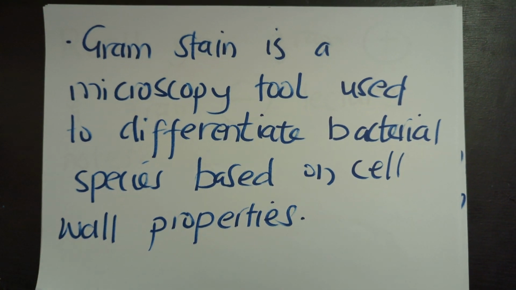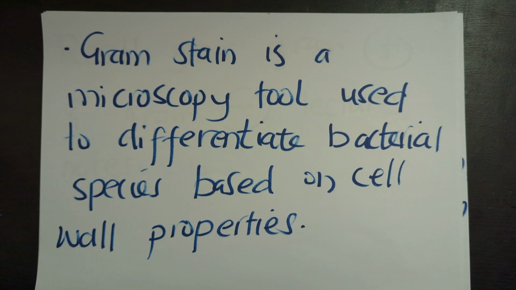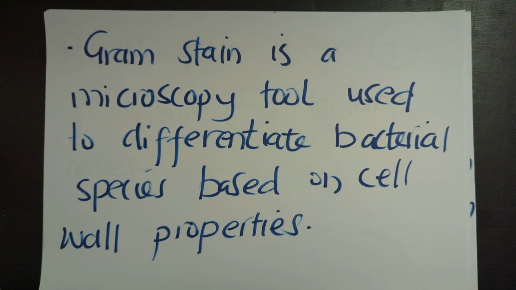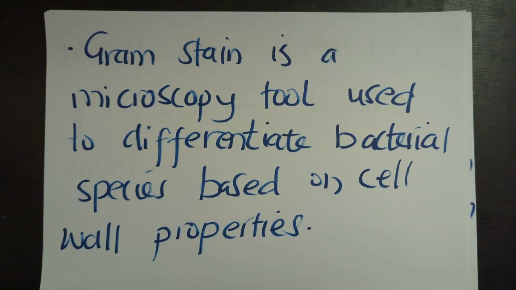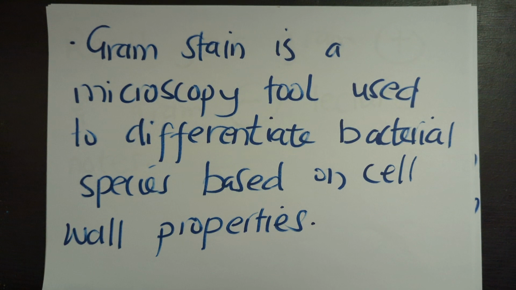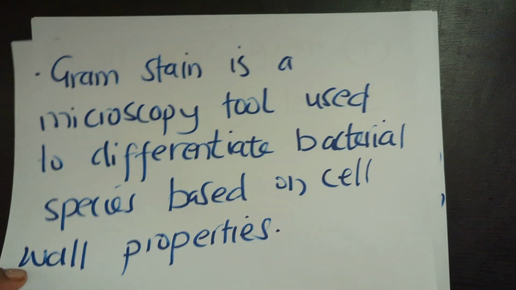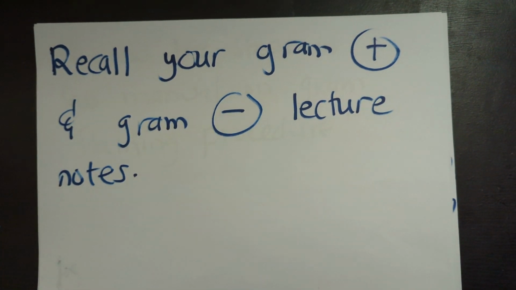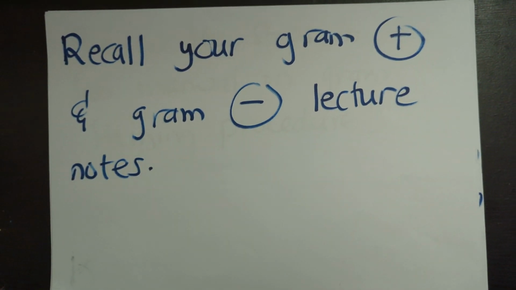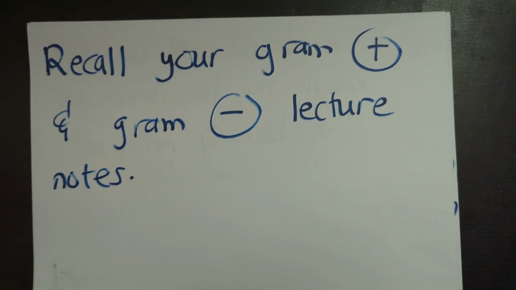So gram stain, as we said, is a microscopy tool, and the main purpose of gram staining is to differentiate the bacteria into gram positive bacteria and gram negative based on cell wall properties. So you've learned about this in your lecture notes. Recall those details of your gram negative and gram positive, the peptidoglycan.